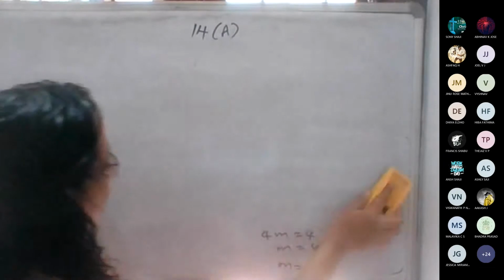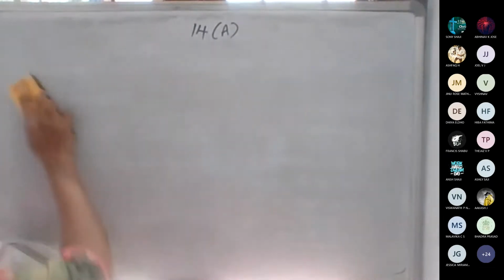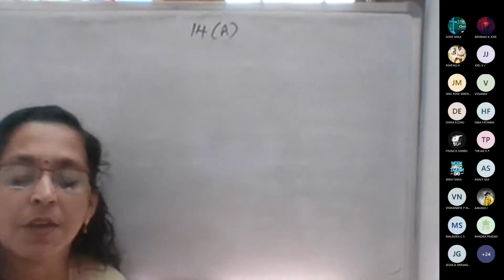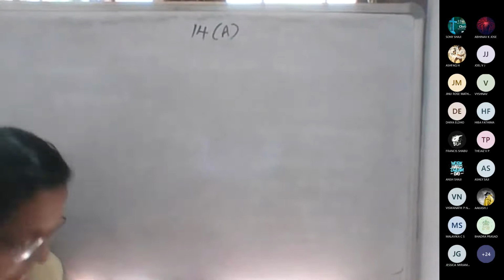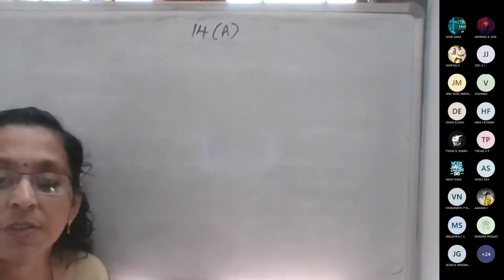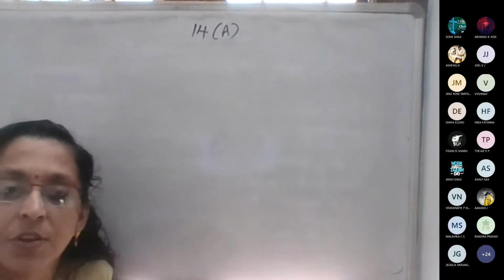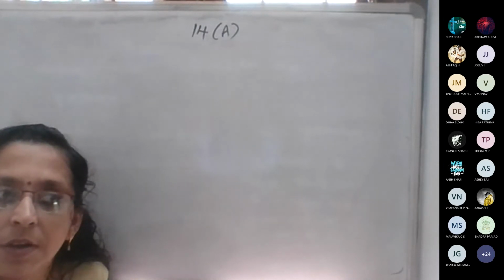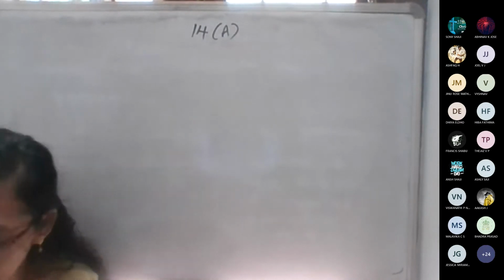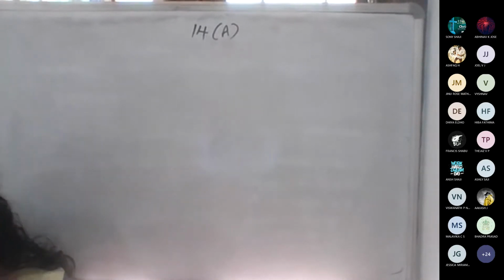So section formula, midpoint theorem. Midpoint formula means (x1 plus x2) by 2, (y1 plus y2) by 2. Bisects means midpoint. Then ratios are there means section formula. Chapter 13, section formula. What is the formula?